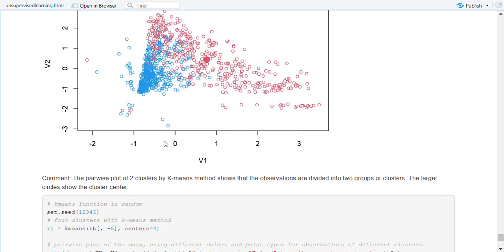Comment: the pairwise plot of 2 clusters by the k-means method shows that the observations are divided into 2 groups of clusters. The largest circles show the cluster centers.